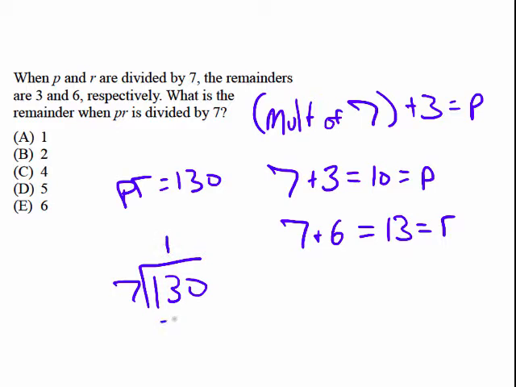So then we do minus 7. 13 minus 7 is 6, and we take the 0 down, and then we say, how many times does 7 go into 60? Well, it goes in 8 times, and that gets us up to 56, right? 60 minus 56 leaves us with 4, and so we have remainder 4.